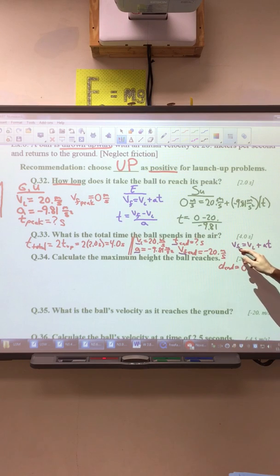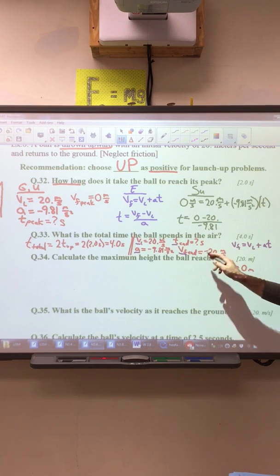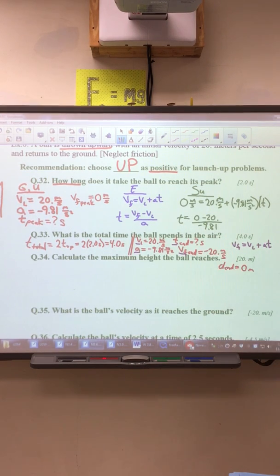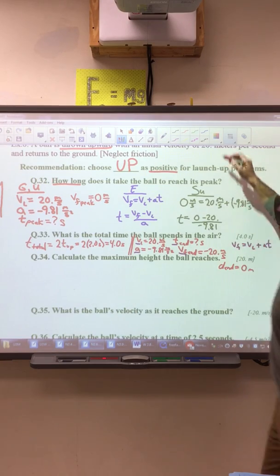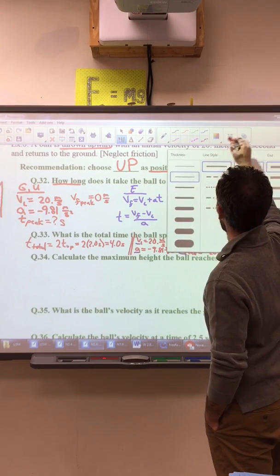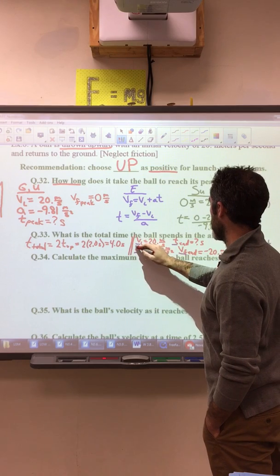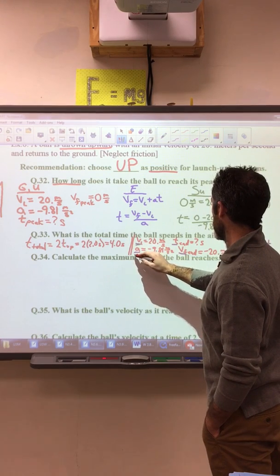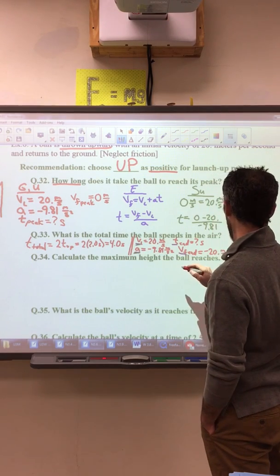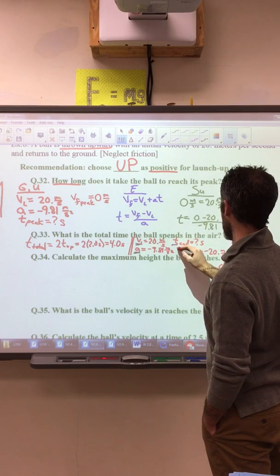In fact, you're going to have VF minus VI, which is negative 20 minus 20. That's negative 40 divided by negative 9.81. It's about negative 40 over negative 10. There's your 4 seconds.